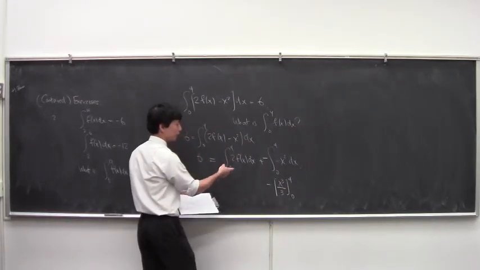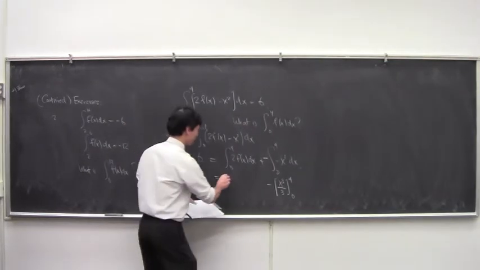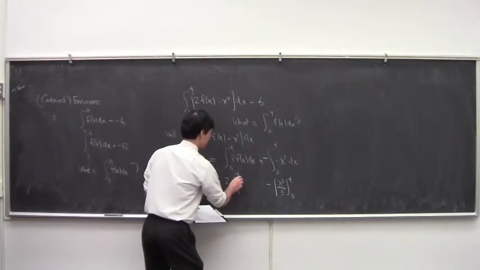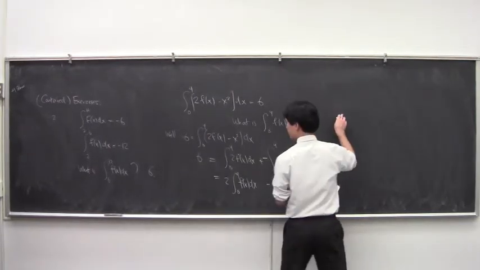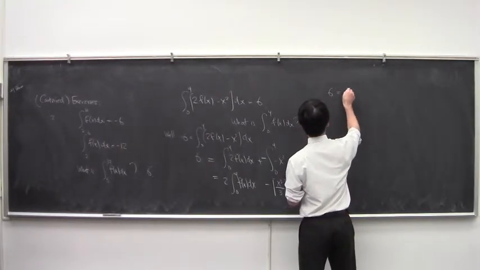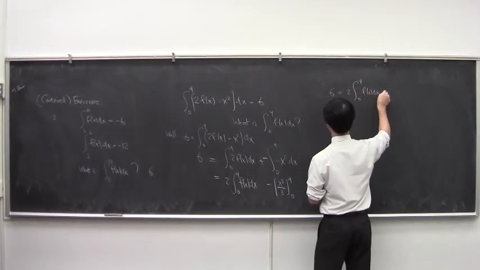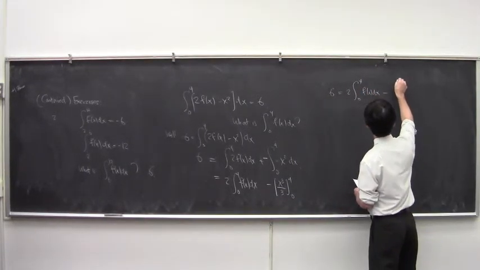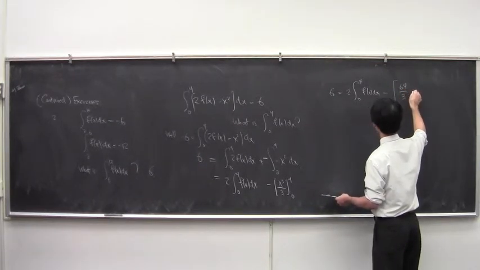And with this one, we'll pull the 2 out. So we get 6 equals twice the integral from 0 to 4 of f of x dx minus 64 thirds minus 0.